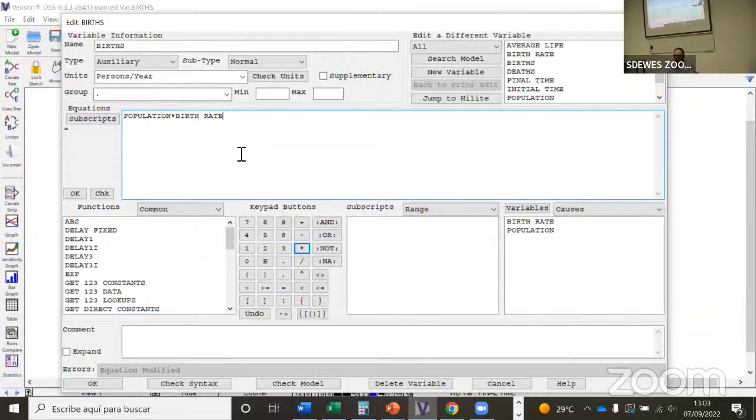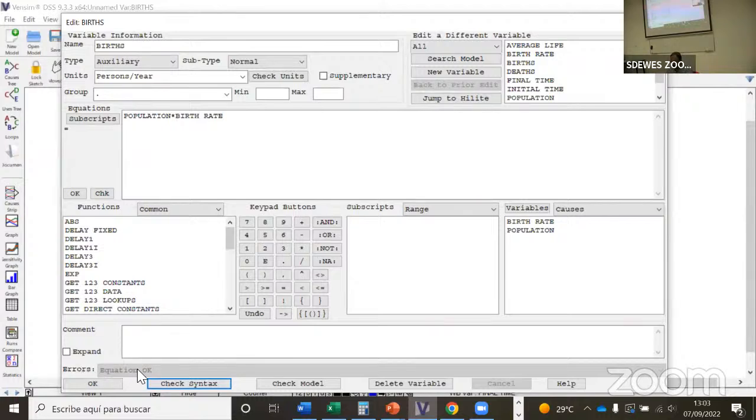Obviously, you can write population by yourself, but you can mistake one letter, so it's easier to click. When you finish, one thing you can always do is check syntax. You can see it in the lower part of the editor. Check syntax, and you obtain errors in the line.